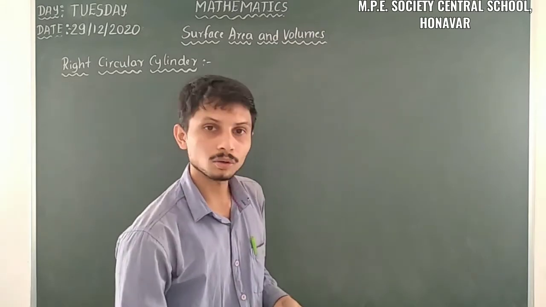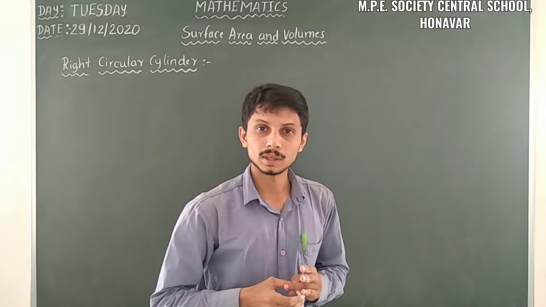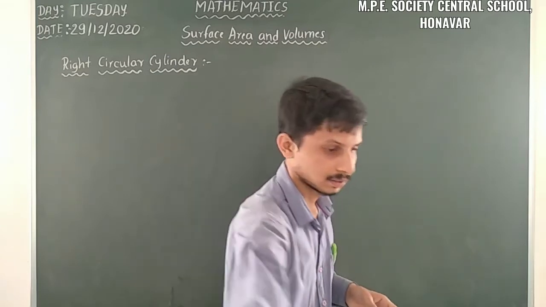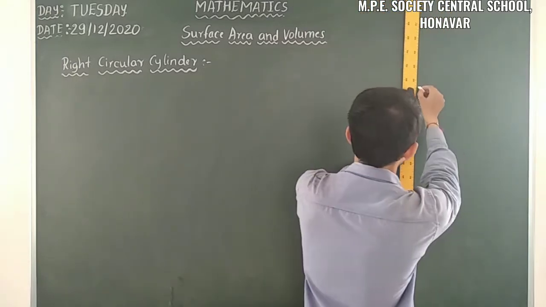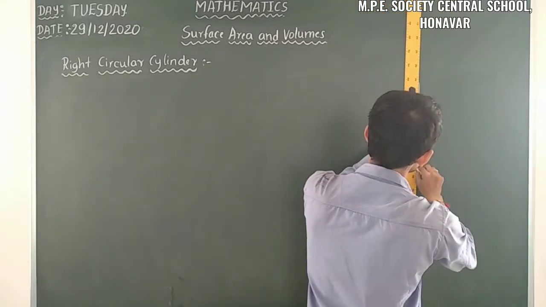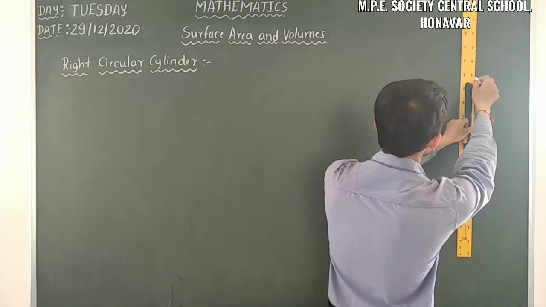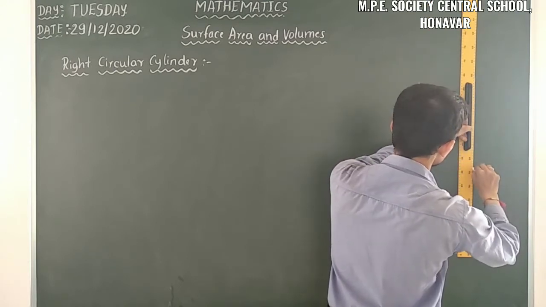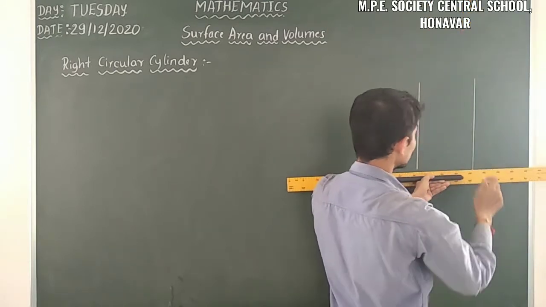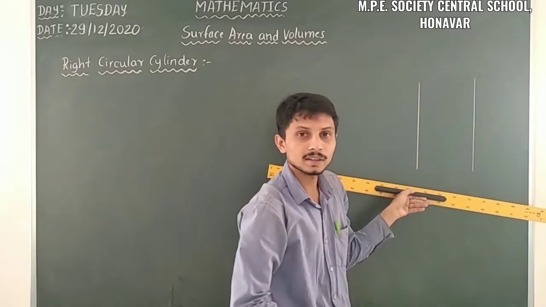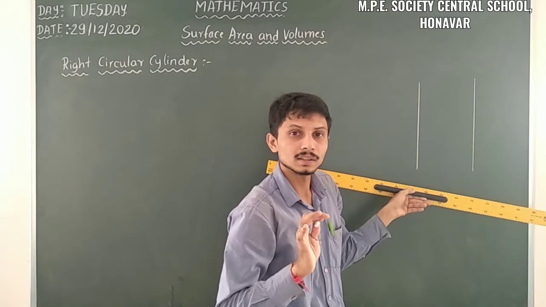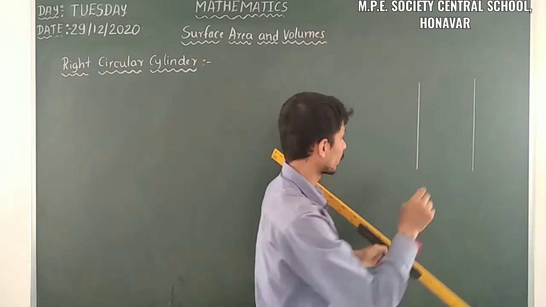So let us draw how to represent the cylinder. Here we have to take the curved surface area represented as a rectangle, so in two dimensions we are representing it. This curved part is only a rectangle part. Here just observe.